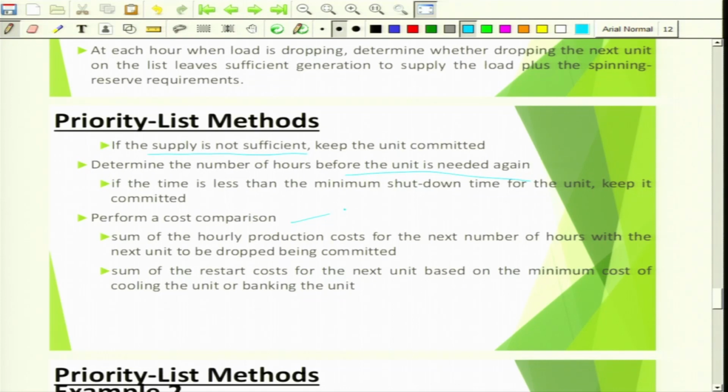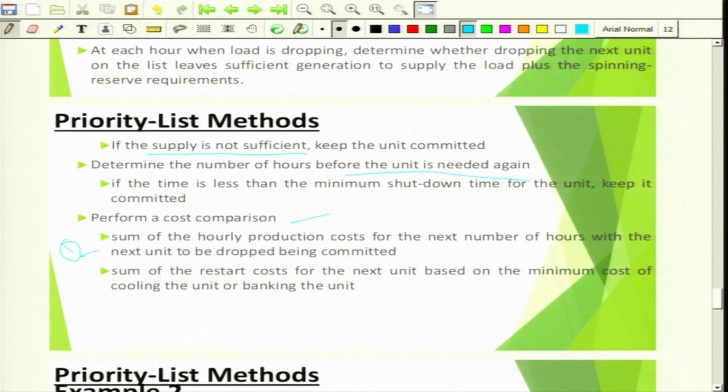So there are three possible combinations. You continue the unit in on mode, that means you are generating the power, you are not turning it off. And there are two possible combinations if you turn it off, and you check the economical operation, which one is the most economical among all three. When you turn it off, there is a cost associated with cooling and banking.